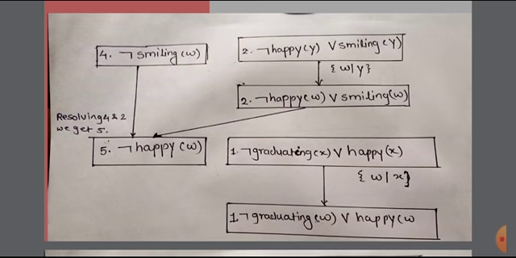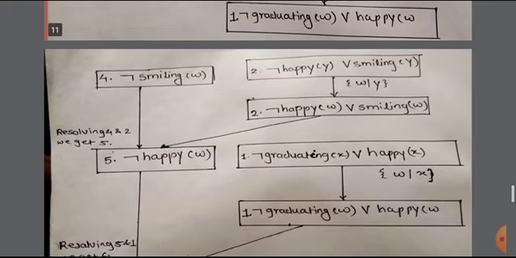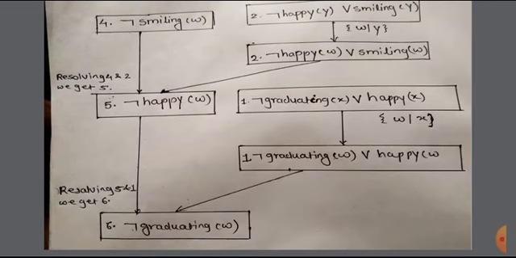After resolving these two, clause number 1 and clause number 5, we will get the new clause, the 6th one, because from clause number 5 and clause number 1 the happy will get cancelled and the remaining is negation of graduating of W. This is what we get after resolving clause number 5 and 1.